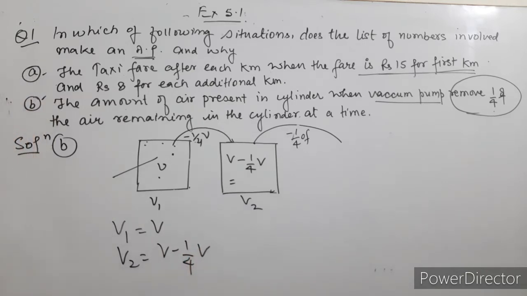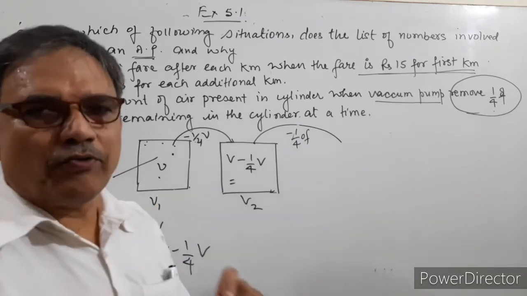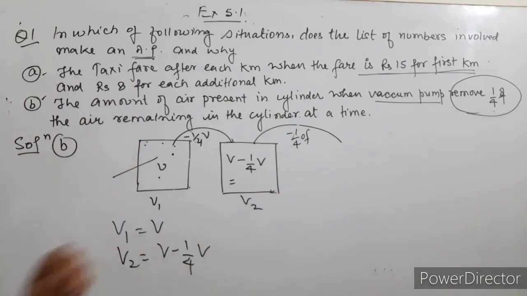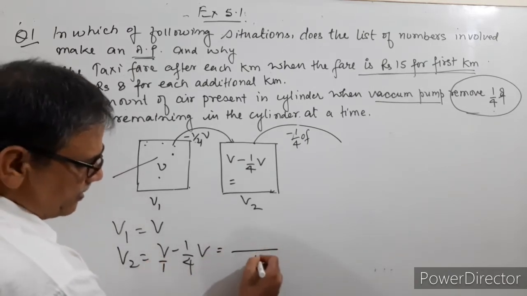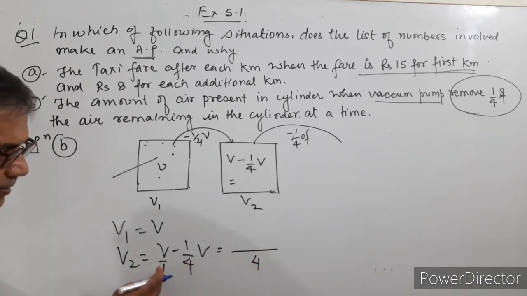V1 is the initial volume inside the cylinder, and V2 is the volume of air inside the cylinder after removing 1/4. And what is your answer? Here is 1, so what we will do? Taking LCM. What is LCM? 4 is LCM, and 4 is divided by 1.